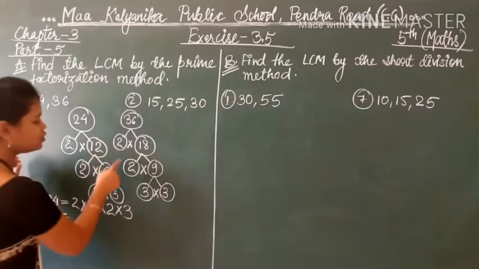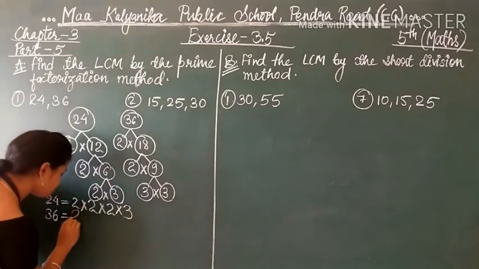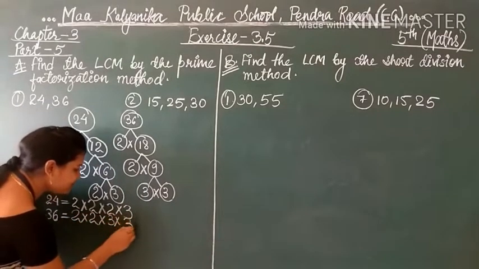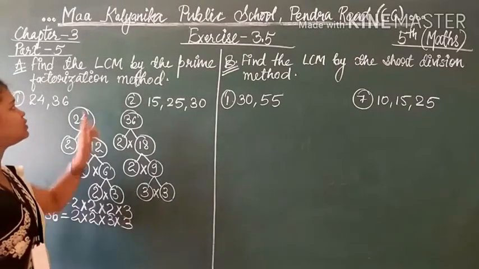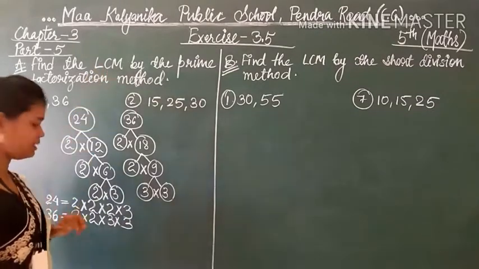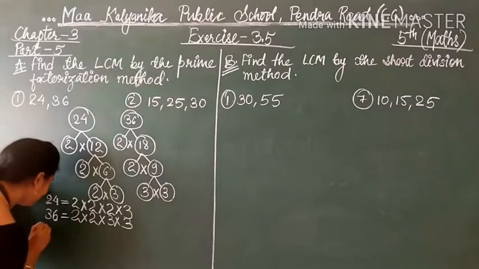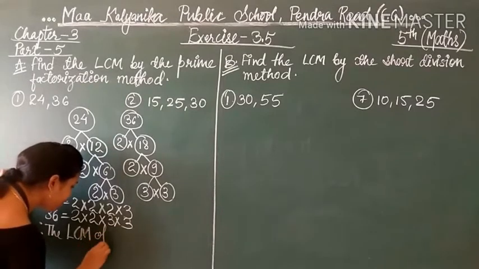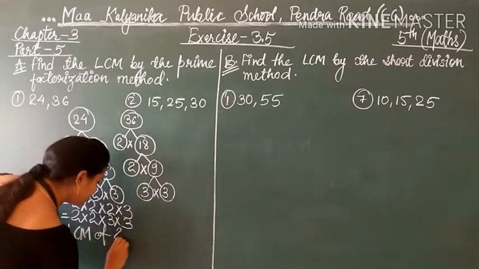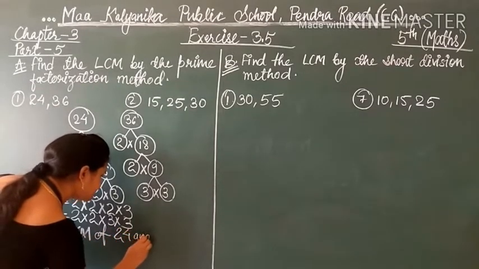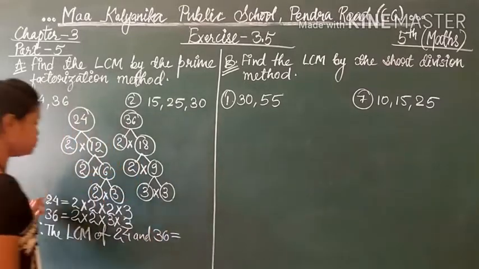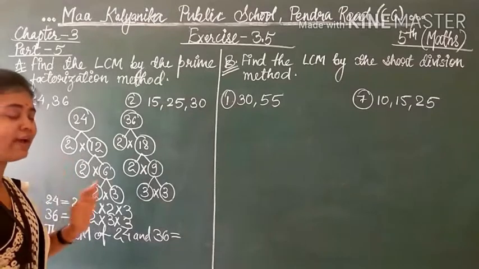So now 2, 2, 3 and 3. 2 multiplied by 2 multiplied by 3 multiplied by 3. After this we have to find the least common multiple. Okay, so therefore the LCM of 24 and 36 is equal to. So now students, what we have to see?